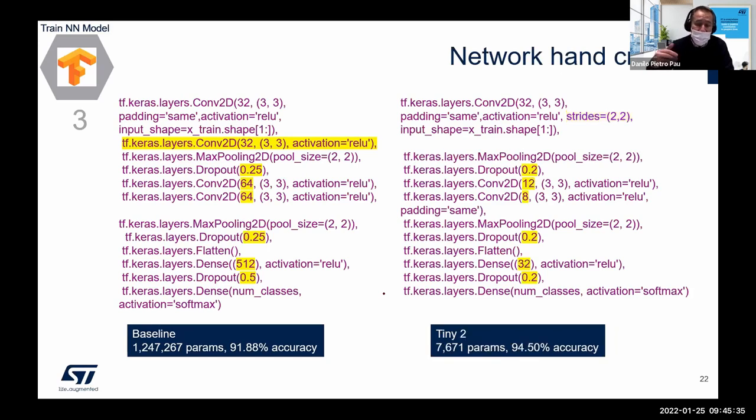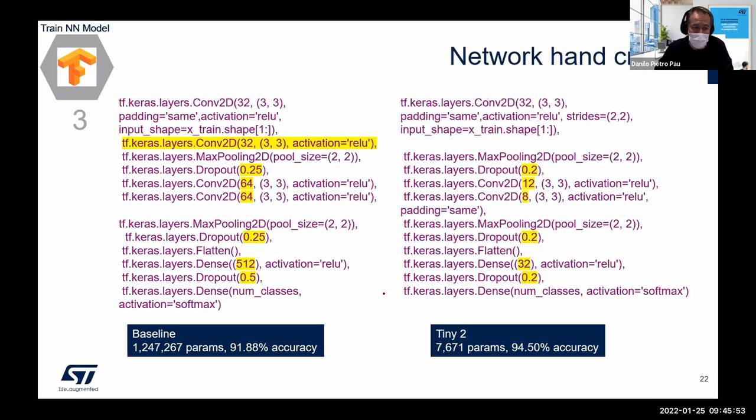I can even pursue this optimization on this problem by mixing the number of kernels and further reducing the dense layer and playing with the pooling in order to further reduce the parameters.